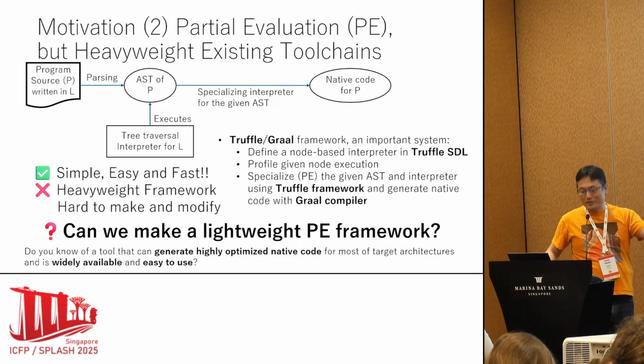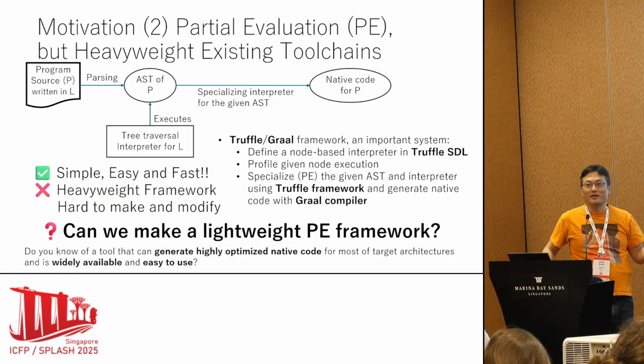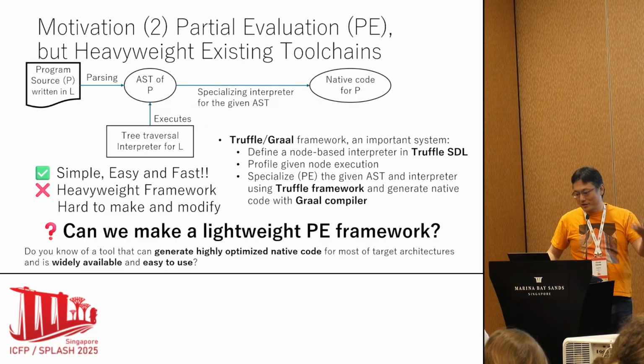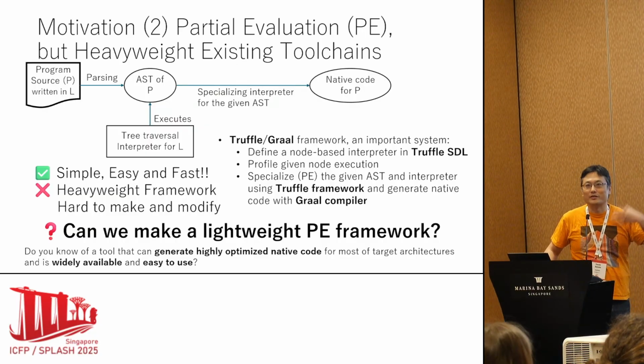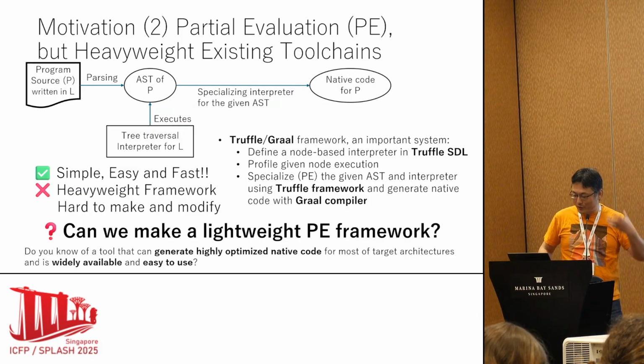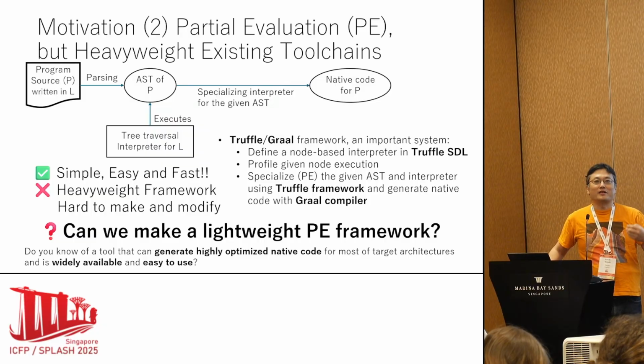So the next question is, can we make a lightweight partial evaluation framework? For example, if we want to support a RISC-V machine for the Graal compiler, we need to spend a lot of engineering effort to modify the Graal compiler.